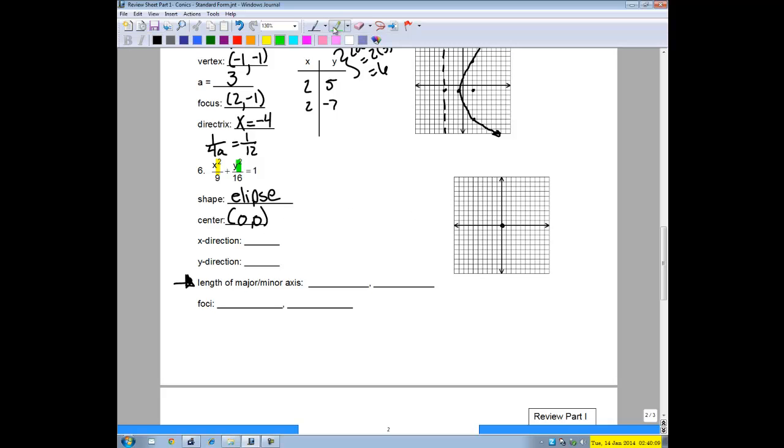And your x direction is the square root of what's under your x, so the square root of 9, which is 3. Your y direction is what's under your y, so the square root of 16, which is 4. So we're going to go 3 to the right, and 4 up and down. Then you can draw your ellipse.